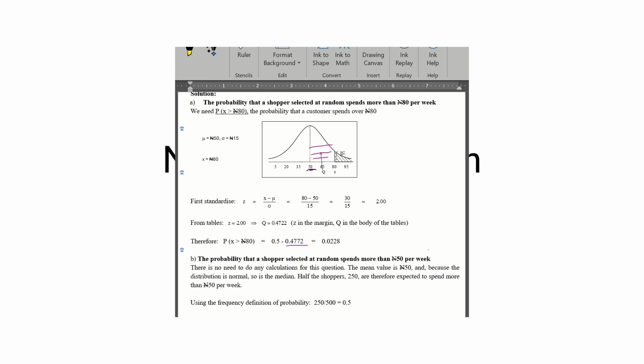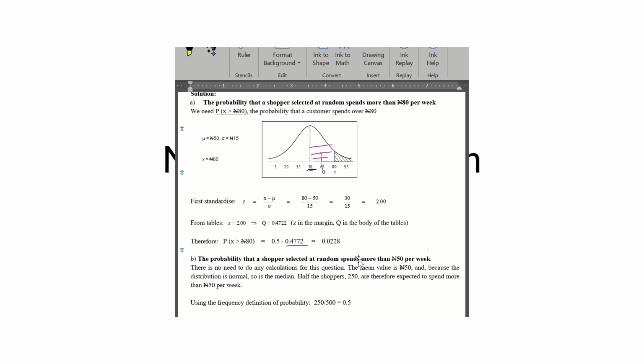So it means it's only about 5% that is left. That's why we are not disputing this answer that we got, 0.0228. This is about 2%, because 2% already are going to be here. I hope you understand that little addition.